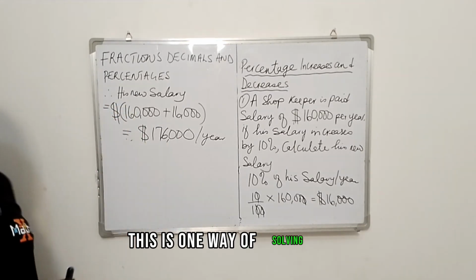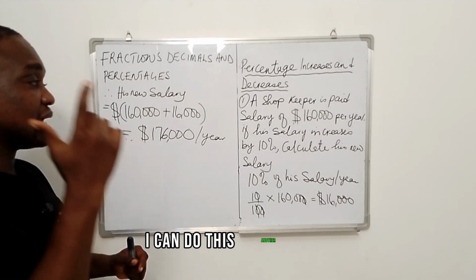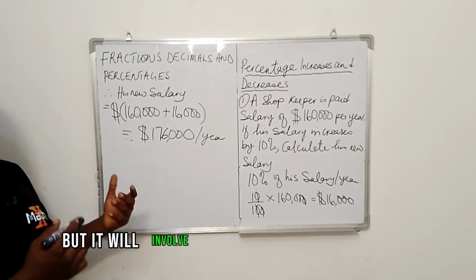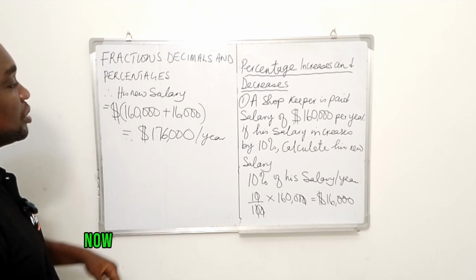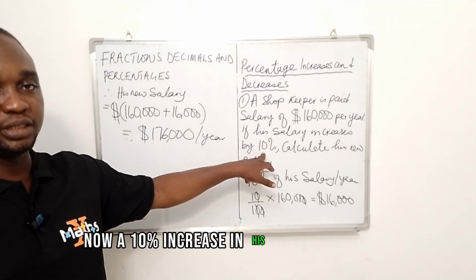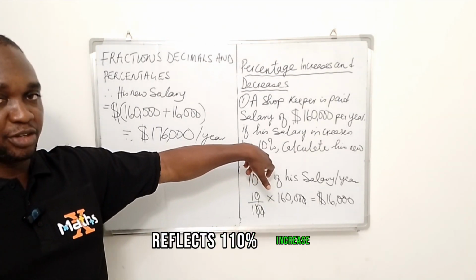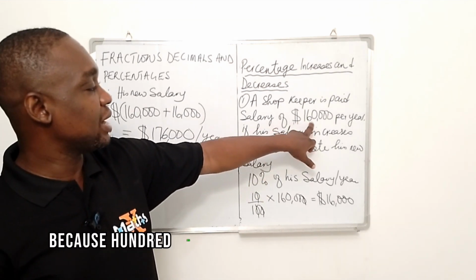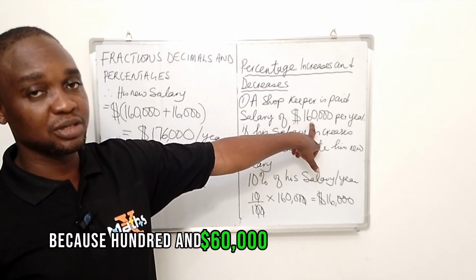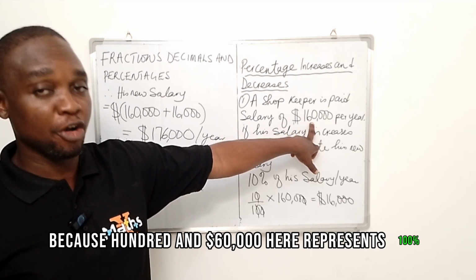This is one way of solving this. I can do this another way, but it will involve a little bit more calculation. Now, a 10% increase in his salary actually reflects a 110% increase, because $160,000 here represents 100%.